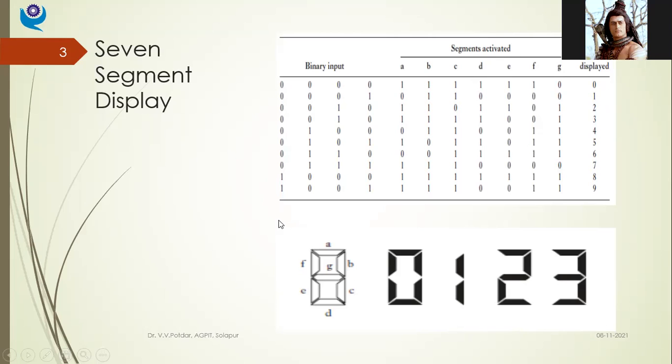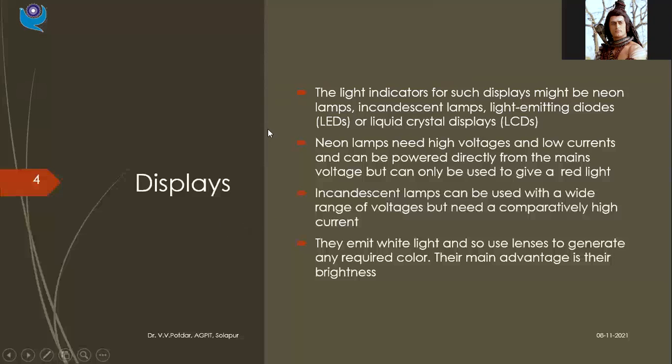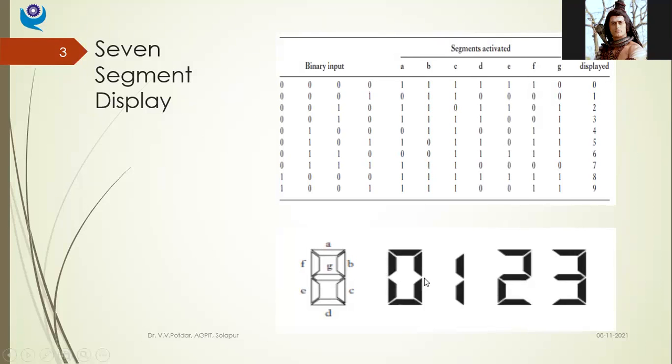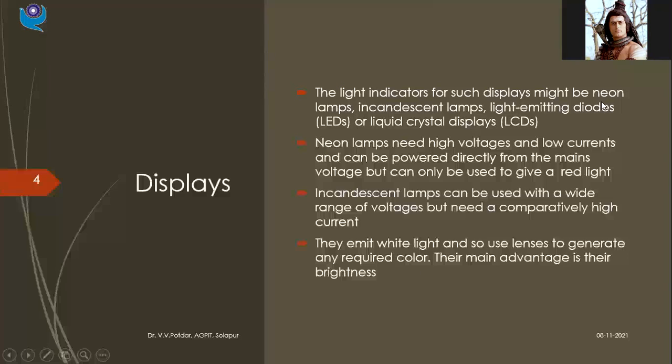Right? So this is one of the types of display. The light indicators for such displays might be neon lamps, or incandescent lamps. These can be light emitting diodes, or liquid crystal displays. So many options are there. So how are these segments to be illuminated, either by neon lamps, incandescent lamps, light emitting diodes, that is LEDs, or liquid crystal display for each of the segments.